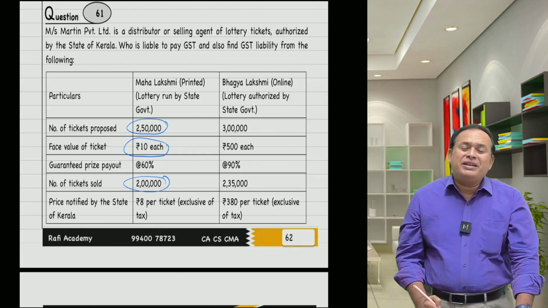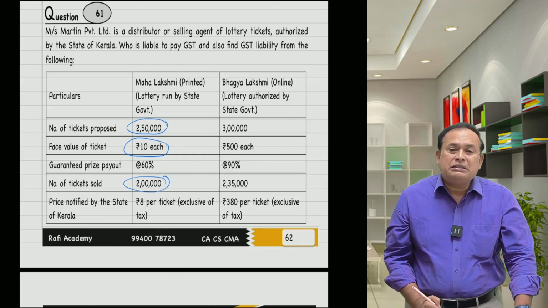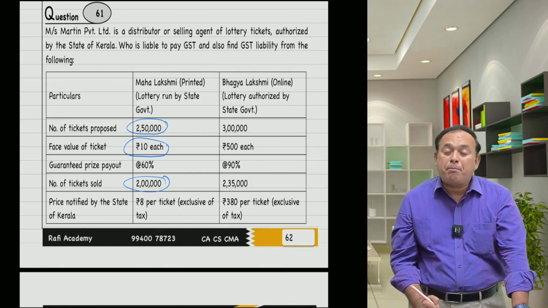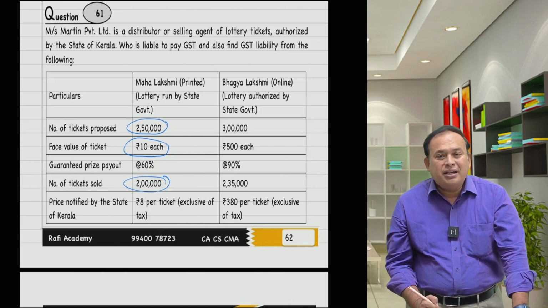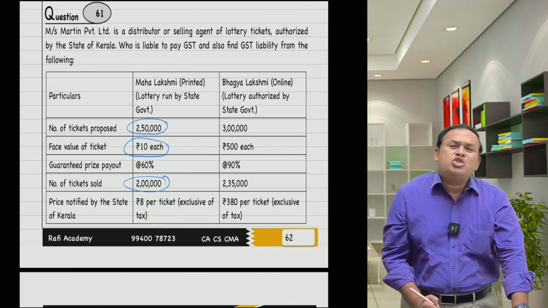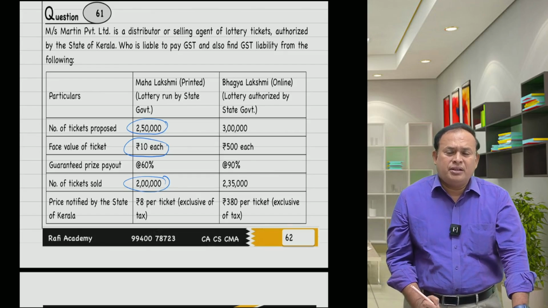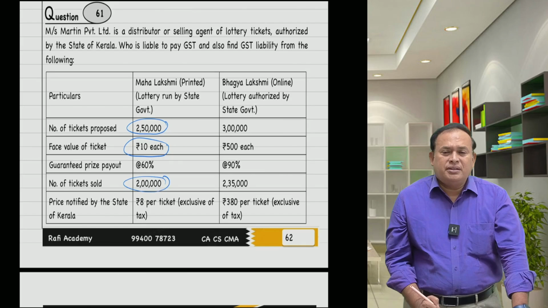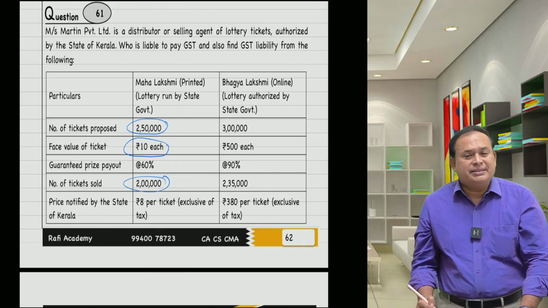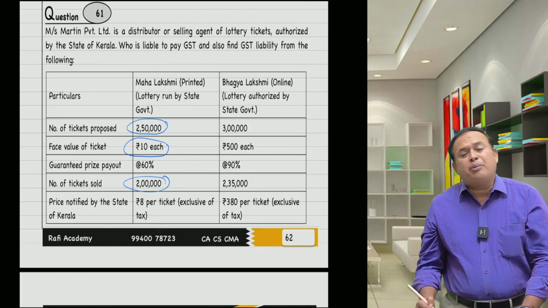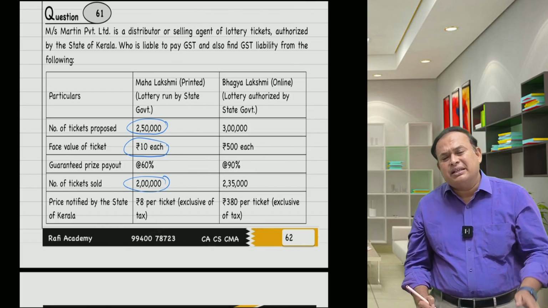Generally, what we are referring to is section 7, subsection 1, supply. Supply is enough. Actual sale is not relevant. Under supply, one of the elements is a sale.